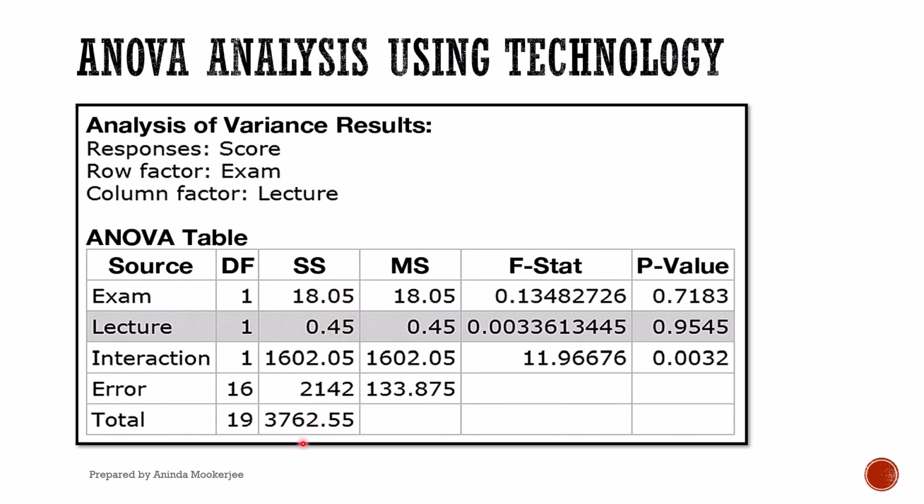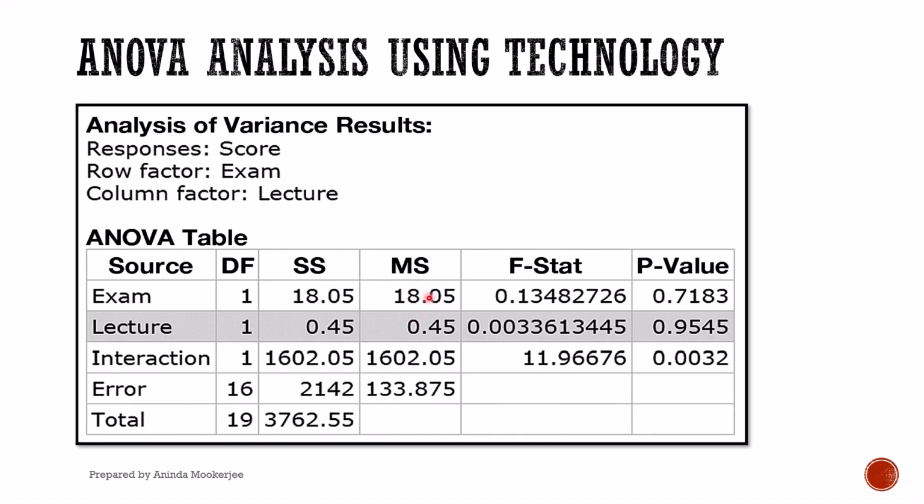And then there is the SST, or the total sum of squares, which is the sum of all the SS values in the cells above. All right. And then this column here, MS, means the mean squares.